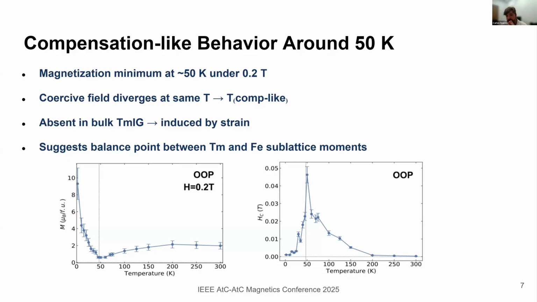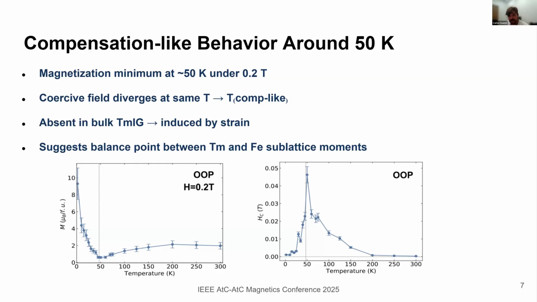The coercivity increases exponentially when you decrease the temperature, and at a specific temperature you have a divergence of the coercivity. You observe this close to 50 Kelvin in these systems.